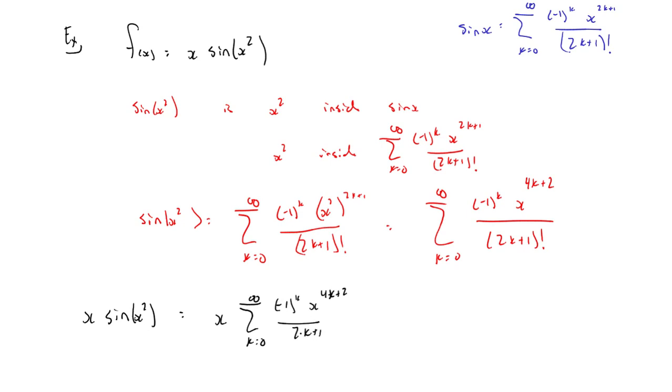Oh, it's a lot to write out every time, isn't it? And can't we multiply that little tiny power function inside this series and get x to the 4k plus 3 over 2k plus 1 factorial?